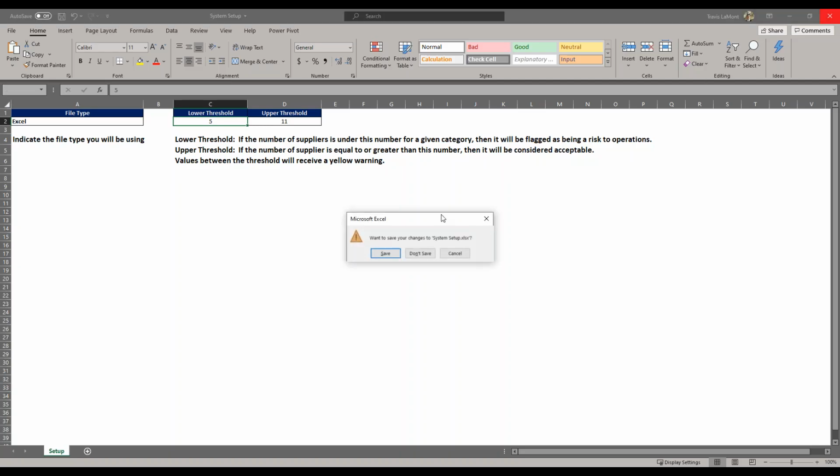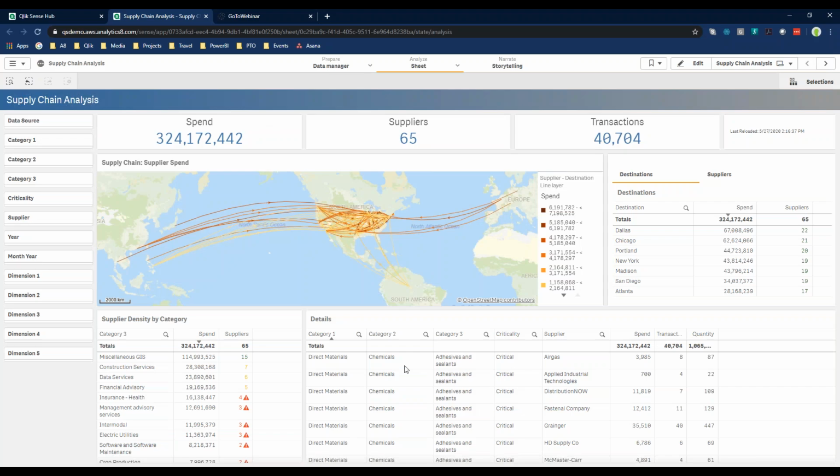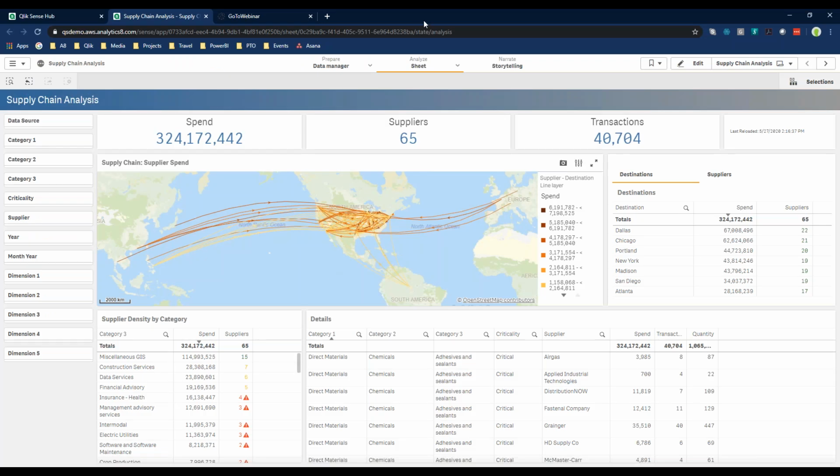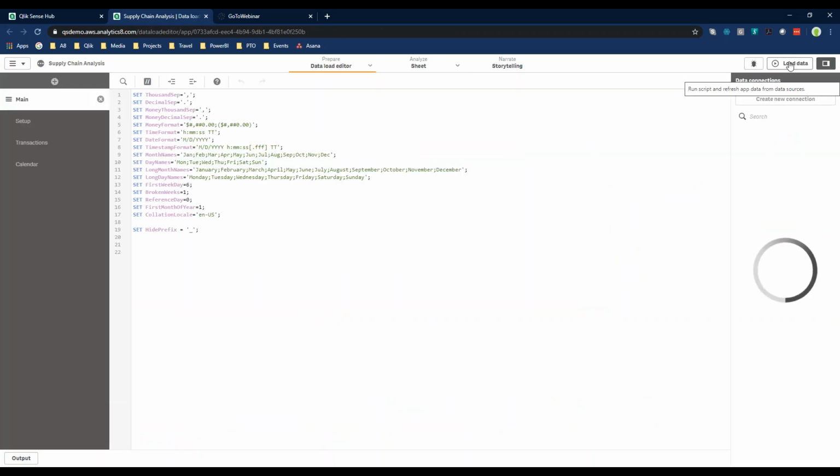So once you have pasted your data into one of the 3 file types, you've indicated the file type within the system setup, as well as indicated those thresholds, it's simply a matter of going into the application and clicking to load your data.